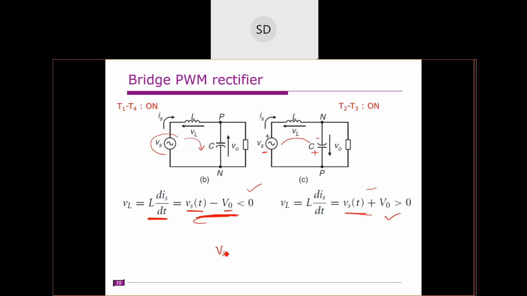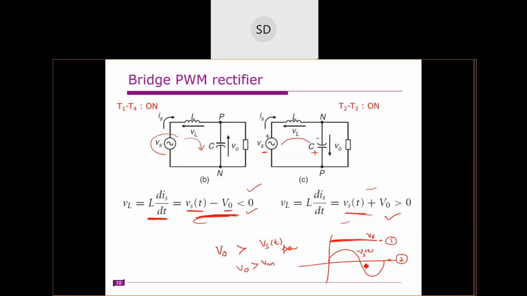If V naught is greater than this Vs of t peak value, in other words V naught is greater than Vm, then this is always negative and this is always positive. Imagine this is Vs of t and this is V naught. If we add these two together, this is always positive.